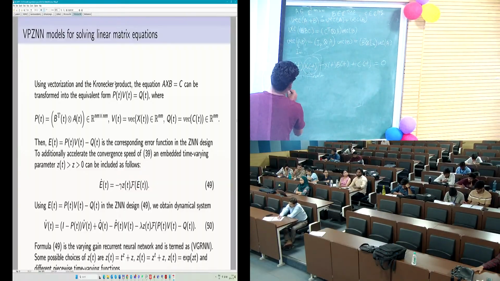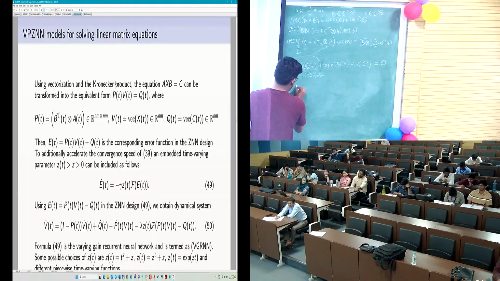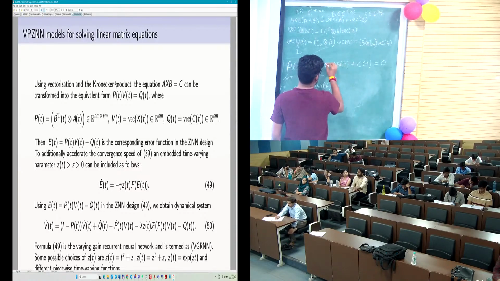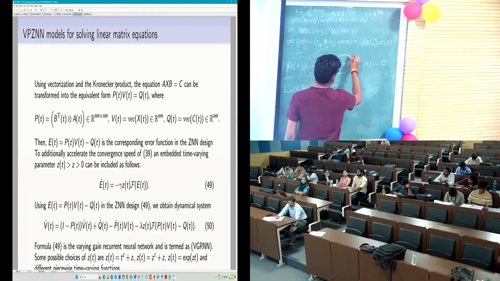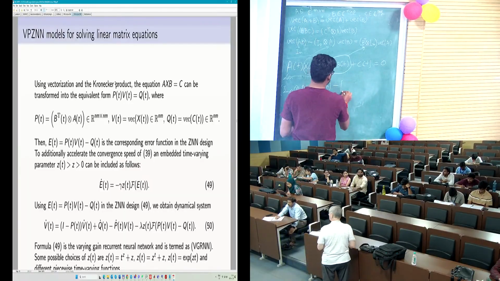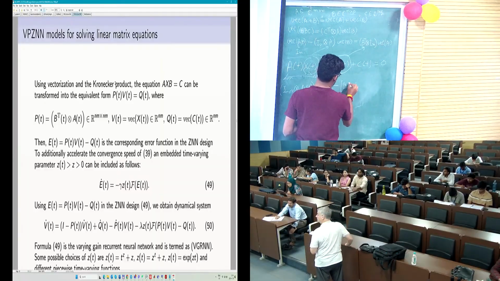New from this lecture: first, matrix equations are important. Then we learned about Kronecker product and vectorization. And according to this, we developed models for solving the general linear matrix equation and Sylvester equation.